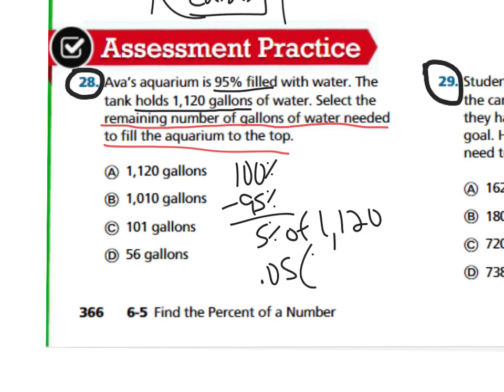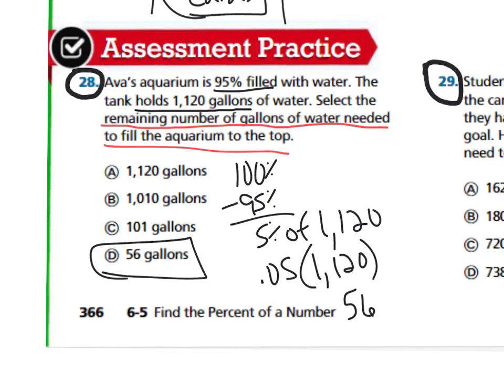So if we change that to a decimal and multiply, and that should be 56. Or you can figure out what amount is full, which would be 1,064 gallons, and then if you take 1,120 minus 1,064, that would give you the same answer.